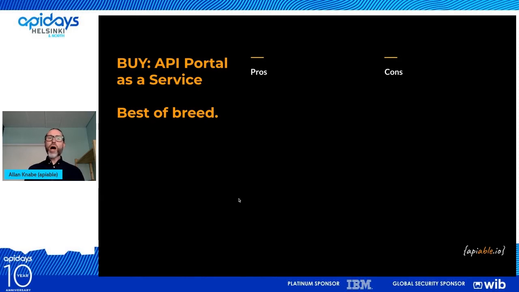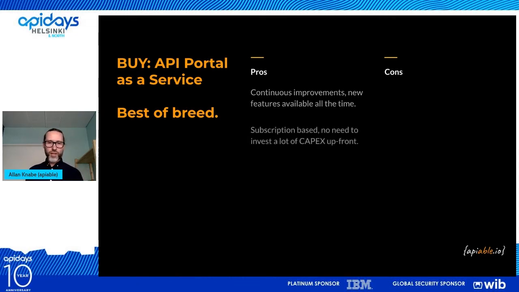Kind of another buying side this time, API portal as a service, kind of best of breed standalone API portal that you can plug into any API management system. With these kind of things, you're getting continuous improvements with new features all the time. So, webhooks and things like this. You can subscribe to these API portals as a service.